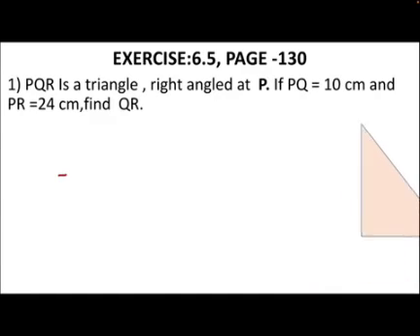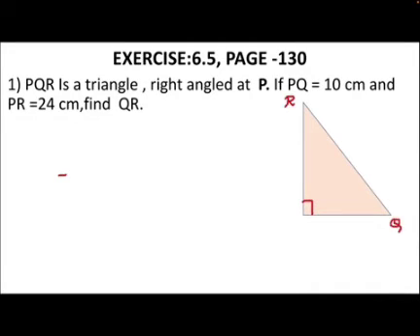Now, in exercise 6.5, that is in page 130 in your textbook, PQR is a triangle right angled at P. If PQ is 10 centimeters and PR is 24 centimeters, find RQ.